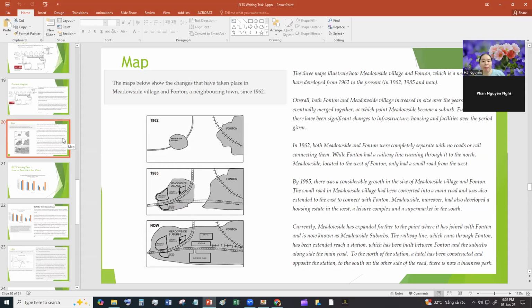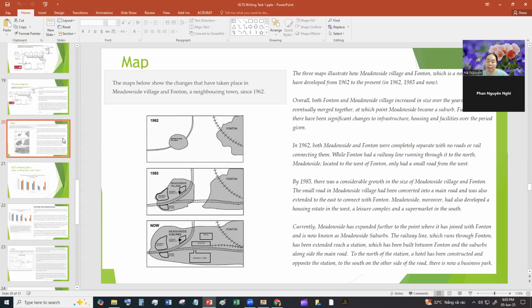So this is a map task type, and specifically many maps, and you have to compare them between time periods. First off, it's a map, and where is the data recorded? The data is recorded in Middleside Village and Fontaine. That's right. Well done.